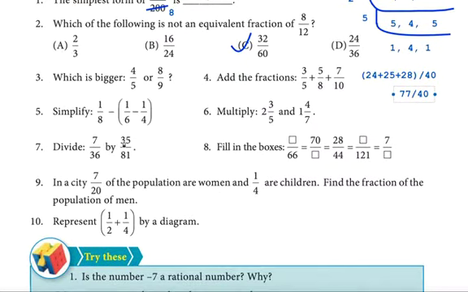Divide this by this. And then what will happen? This becomes simply 7 by 36 into 81 by 35. Okay, when you divide, if you want to multiply it, you have to change the positions of the numerator and denominator, right?